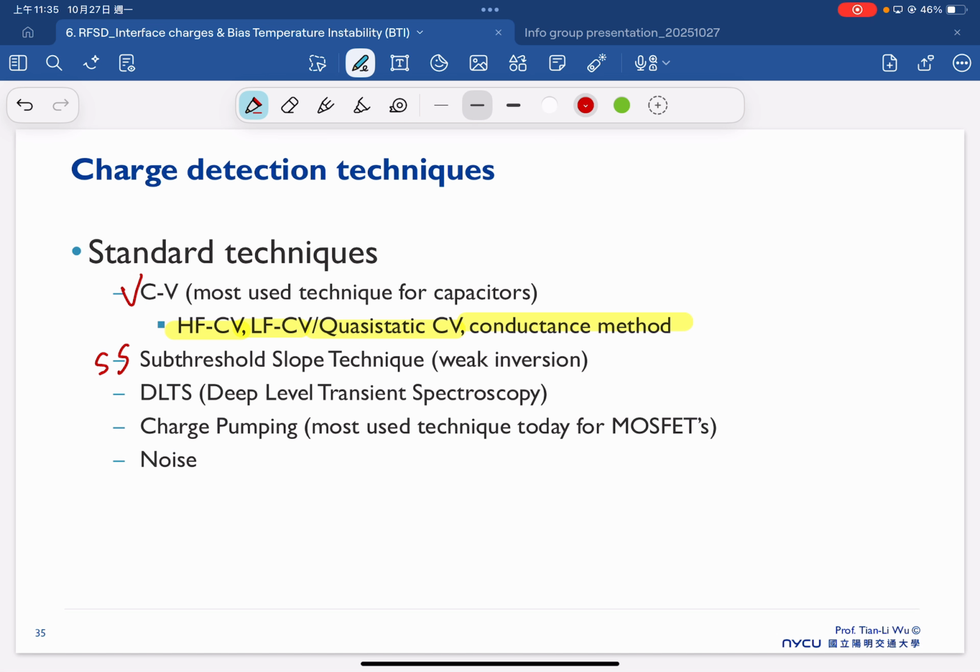And also we can use DLTS or charge pumping. These are the very well-known measurements that have been used in the semiconductor field. To be honest, they have been used for the last 40 years, but nowadays are still quite useful. With time passing, people come up with a new understanding of these measurements, and we are also able to use these measurements on new devices.